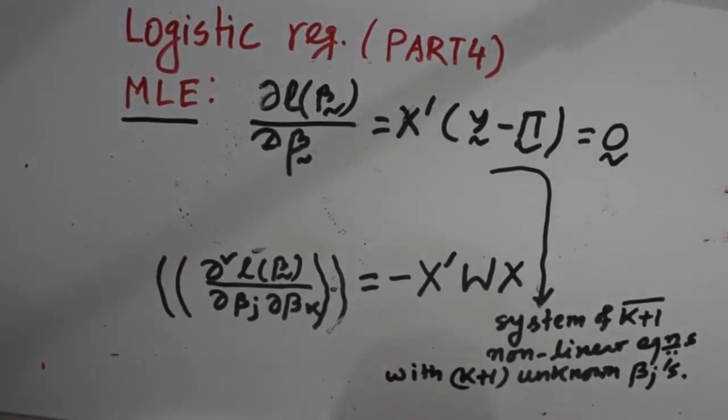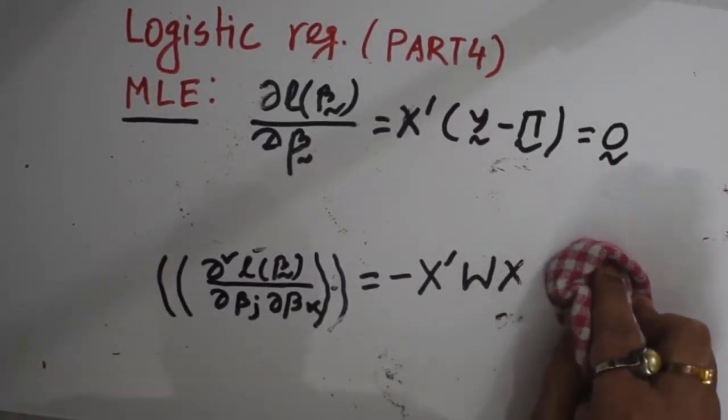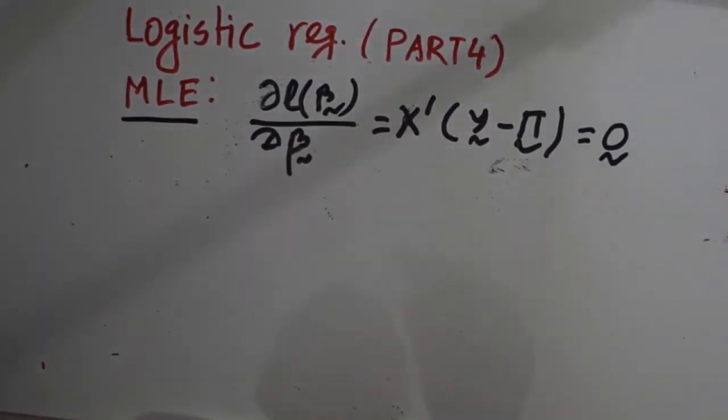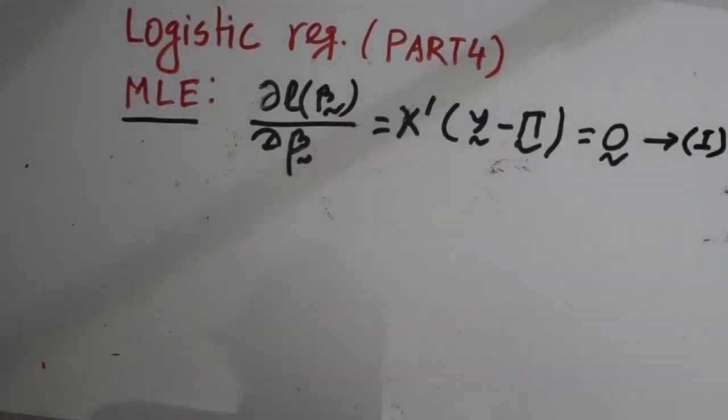The most popular method is the Newton-Raphson method. So this is our k plus 1 system of nonlinear equations involving k plus 1 unknown beta j's.